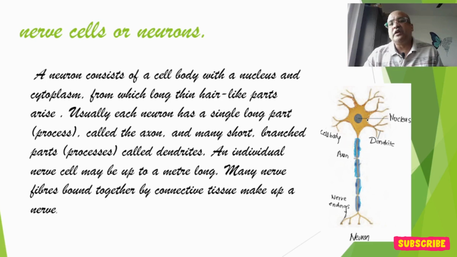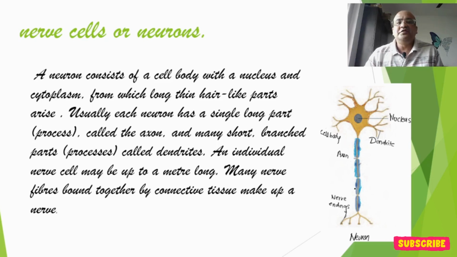Usually each neuron has a single long process called the axon. Here you see a single large axon coming out. And there are many short branched parts called dendrites. Here are the dendrites, and here is the axon.